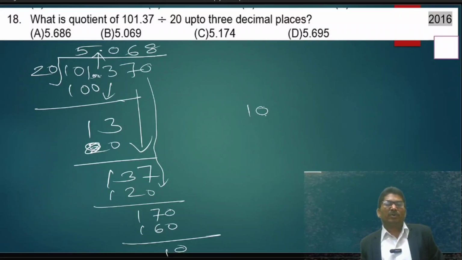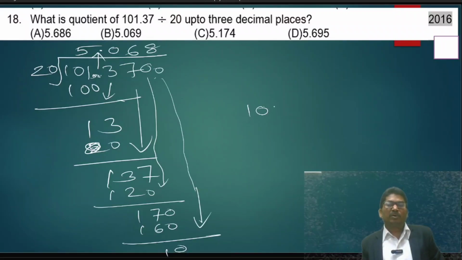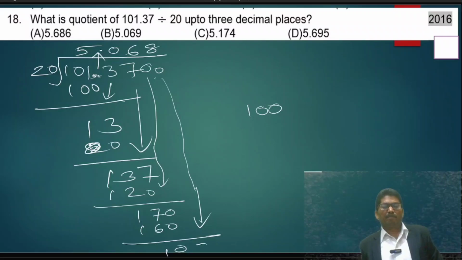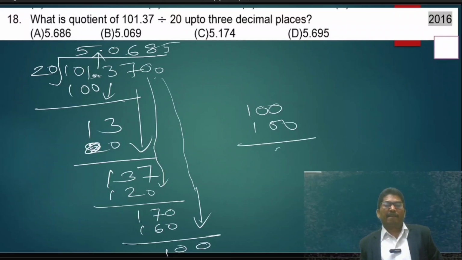Bring one more 0 down, which means 100. 5 20s are 100. 0.